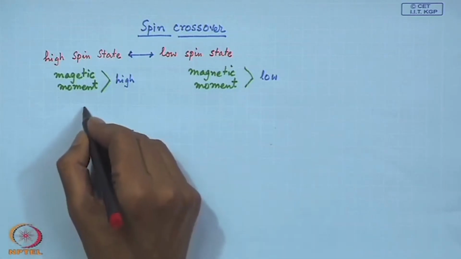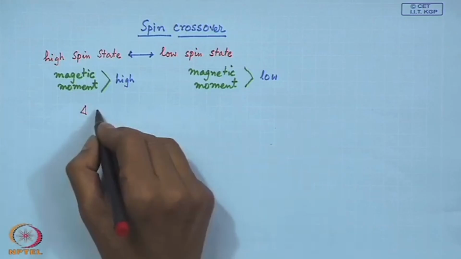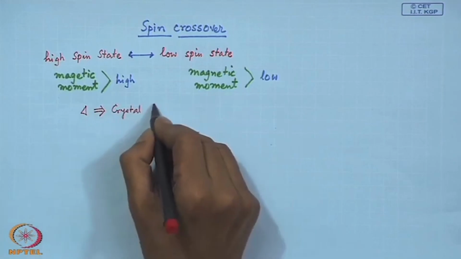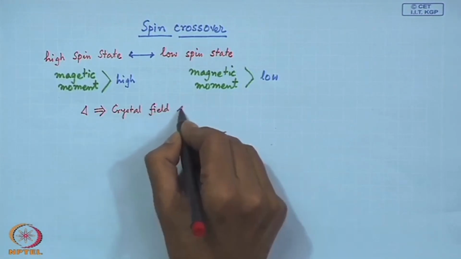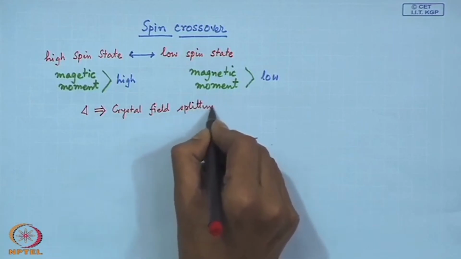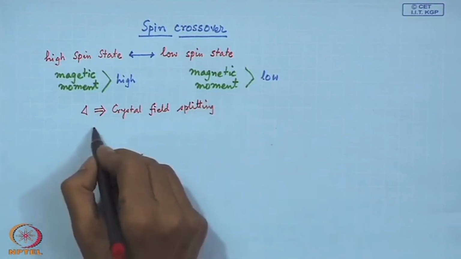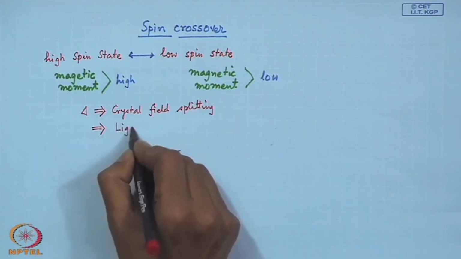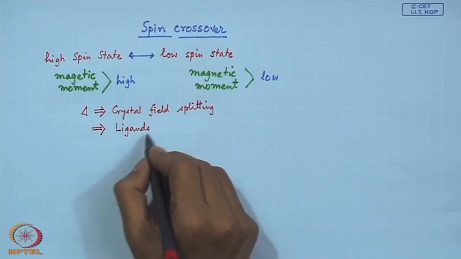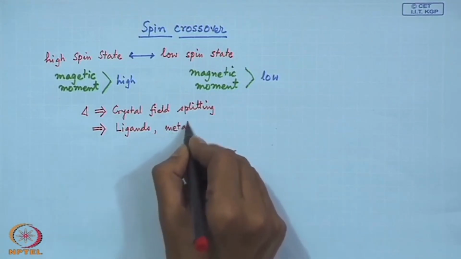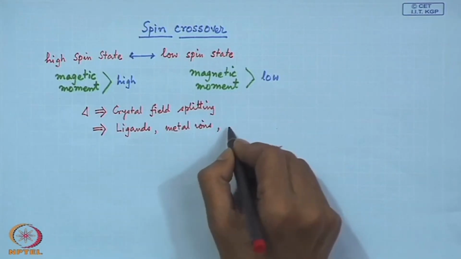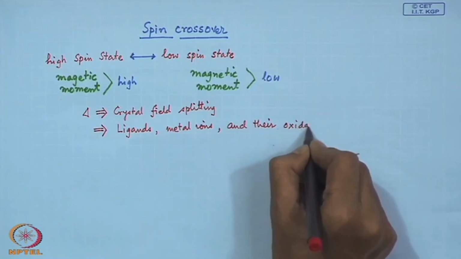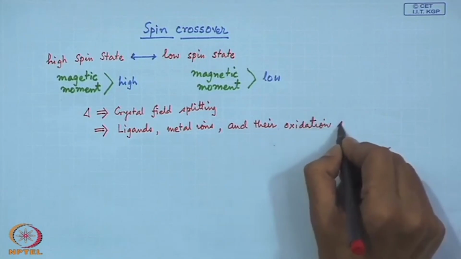It can be dependent on the crystal field splitting, and also the corresponding different nature of the ligands, that means the ligands as well as the metal ions and their oxidation states.